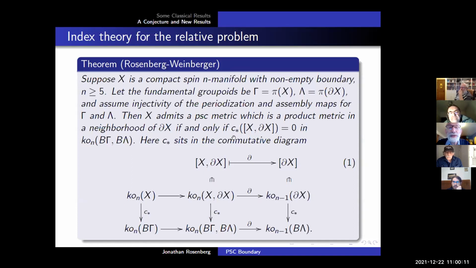In other words, if you have a manifold with boundary, you could ask the stable question about whether X cross a bunch of Bott manifolds has a positive scalar curvature metric which is a product metric in a neighborhood of the boundary. Your conjecture would imply that in the same way. It would be a similar statement, but you have to use the relative homology.